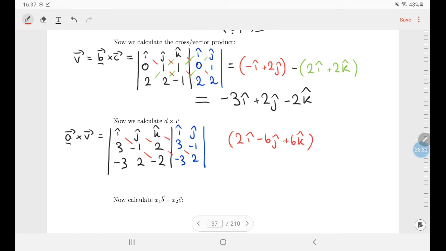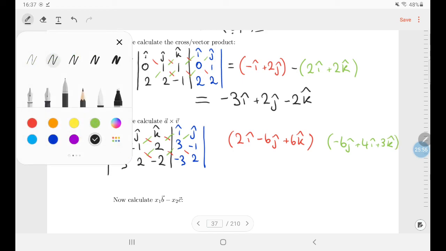And now we want to do the other one, the left down diagonals: j by 3 by minus 2, i by 2 by 2, k by minus 1 by minus 3. So 3 by minus 2 is minus 6 by j. 2 by 2 is 4 by i. And minus 1 by minus 3 is 3k. And now we'll tidy that up.